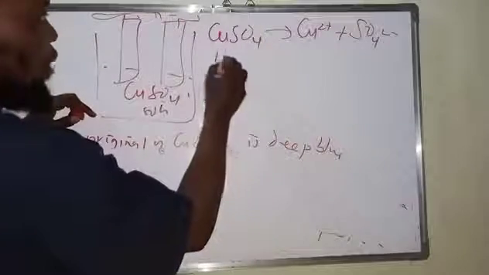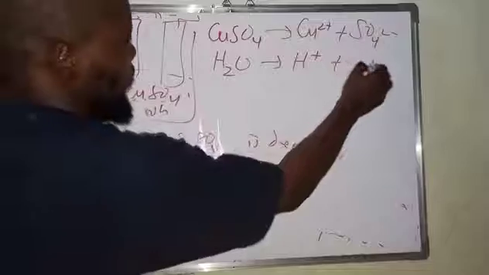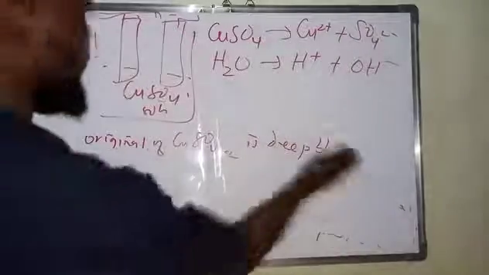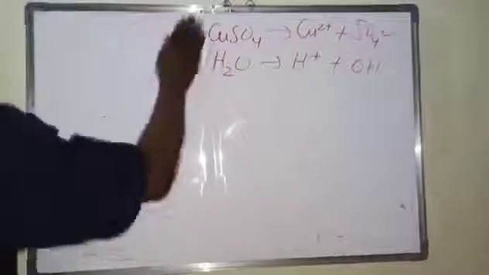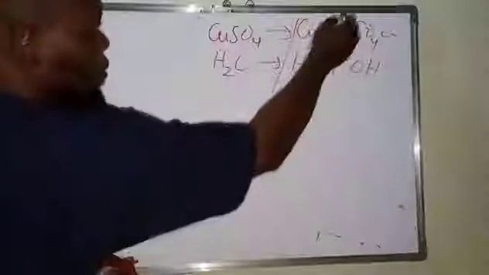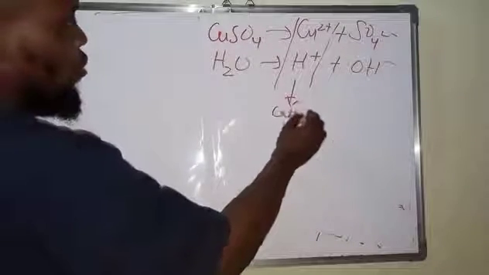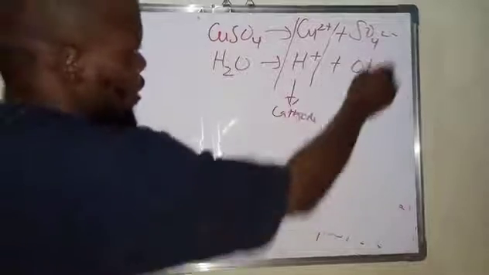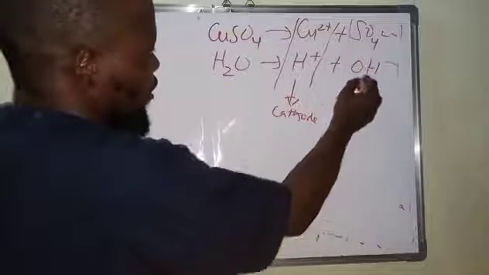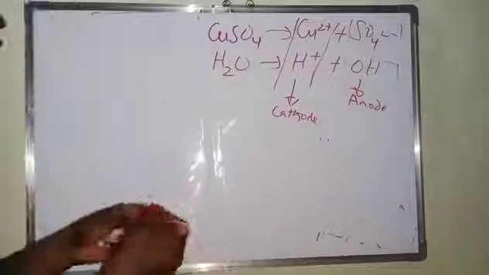Then, being in a water solution, the water will ionize to give H+ plus OH-. So the two positive ions, which are the cations, have to migrate to the cathode, and the two negative ions will have to migrate to the anode.